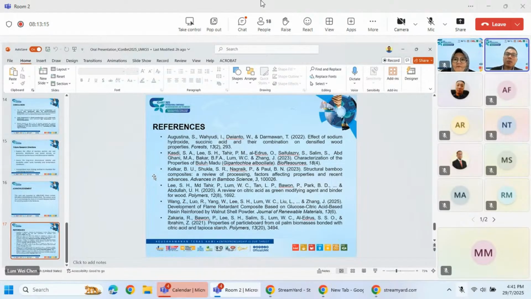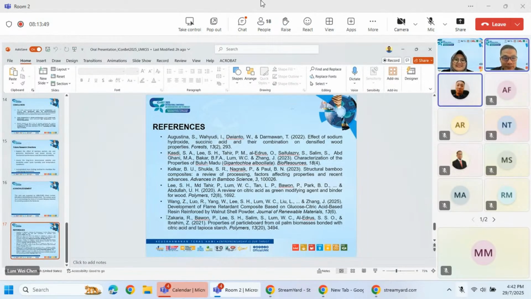Especially for our bamboo particles, the lignin content is much higher compared to other wood materials. So maybe that's the reason: when we increase the temperature, the degradation of the chemical constituents of the wood happens, and that will degrade the OH group, which is the active bonding site. So that's the reason the mechanical properties also decrease. I hope that answers your question.